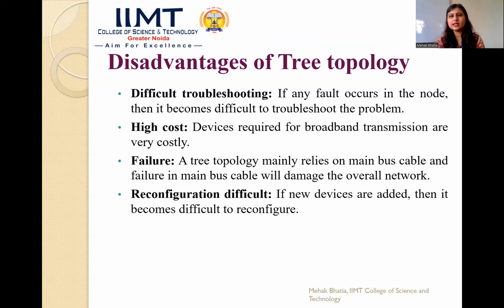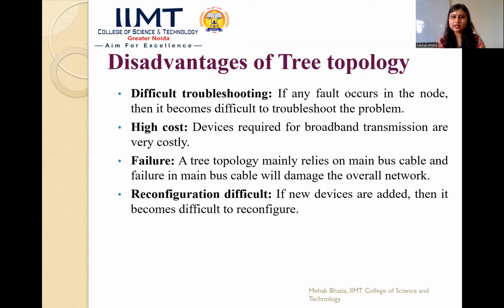Okay. Now, what are the disadvantages? Difficult troubleshooting. If a fault occurs in one node, then it becomes very difficult to troubleshoot the problem. Next is the high cost. Devices required for broadband transmission are costly. Here in the tree topology, broadband transmission is used, which is a costly affair.